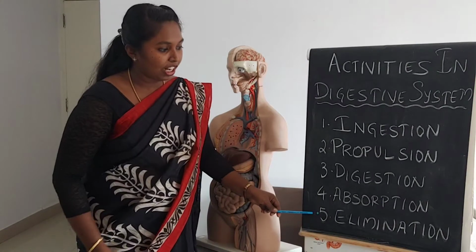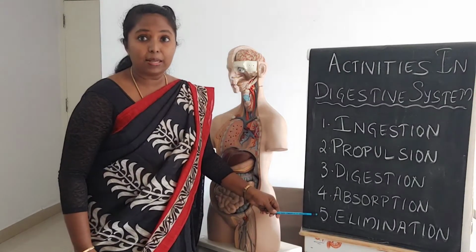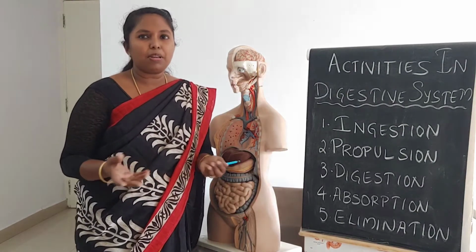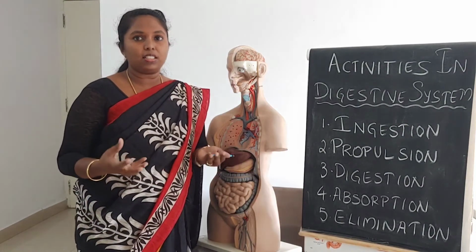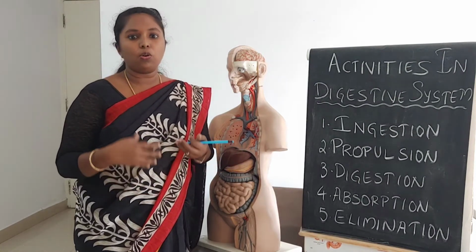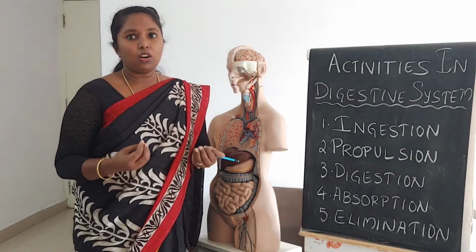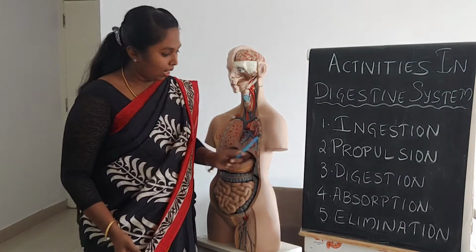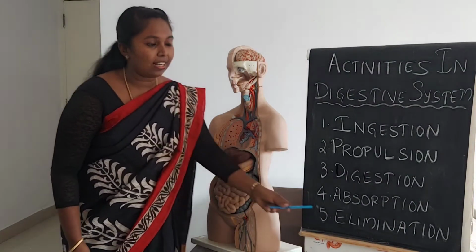Next is elimination. The last one is elimination. Even though absorption is done, a few particles become waste. Few things that are put into the mouth become waste. The waste or undigested food particles excreted through the alimentary canal is known as elimination.